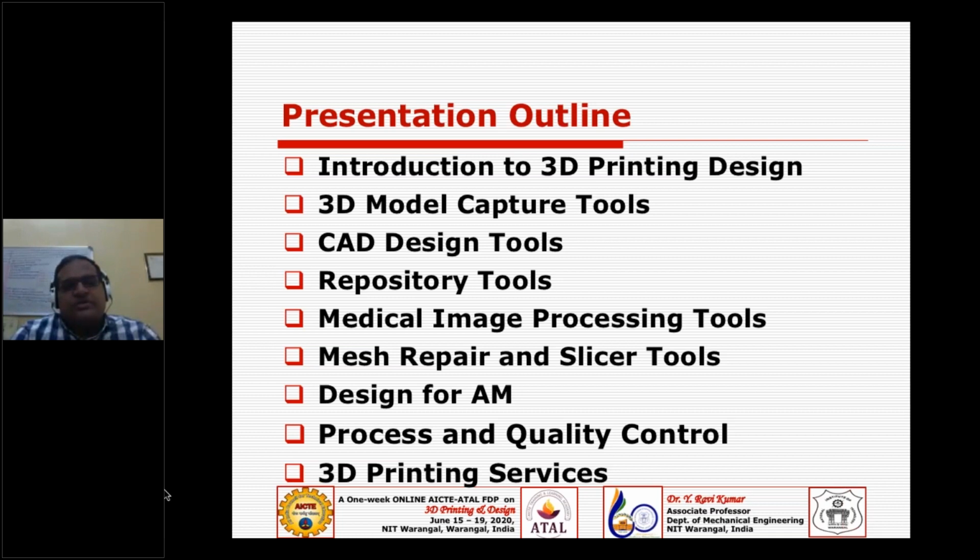So we need to have a digital copy of that product. So then how to get a digital CAD model or in general an STL file, in how many ways are you going to get this STL file.